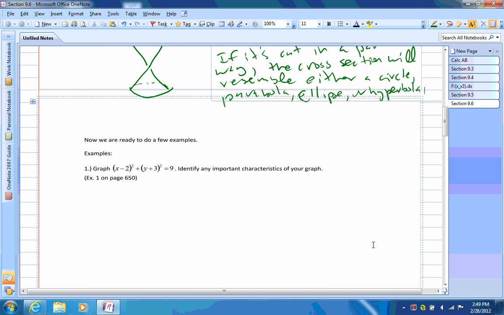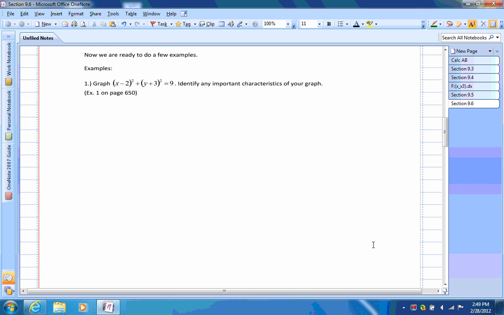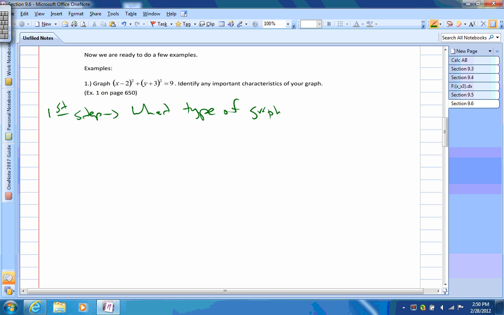So now let's do a few examples, so that way you have something to follow when you do classwork the next day. So in this case, we're asked to graph x minus 2 squared plus y plus 3 squared equals 9. Identify any important characteristics of your graph. The first question you need to ask yourself: what type of graph, or what type of conic section will this be?